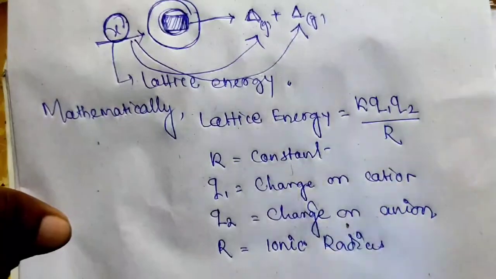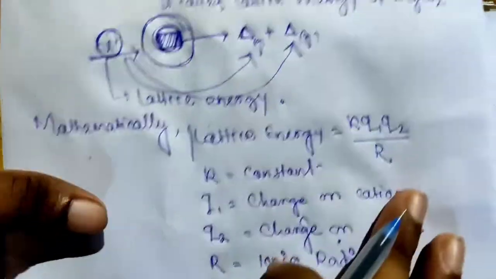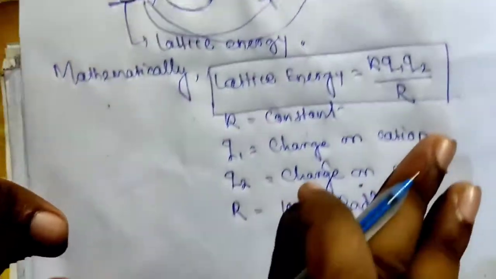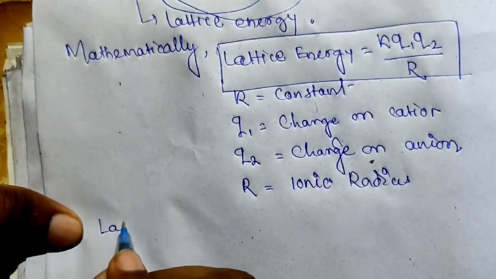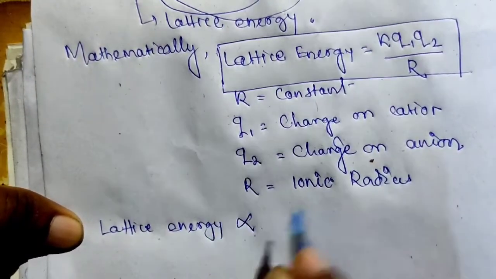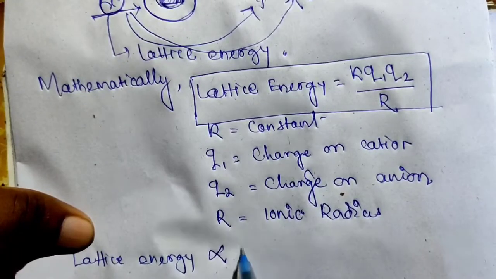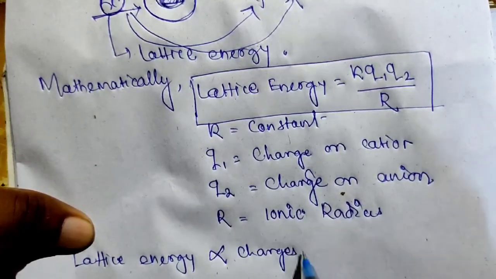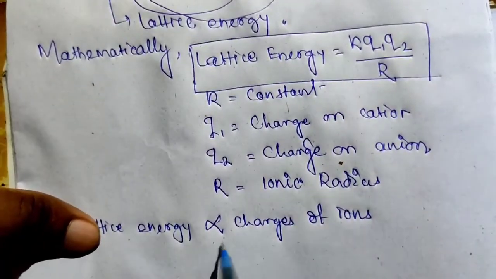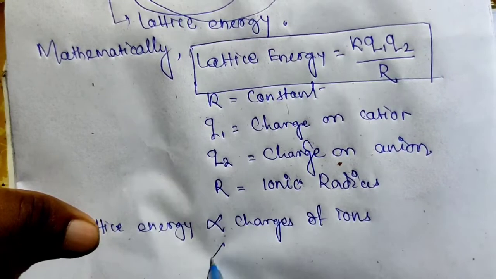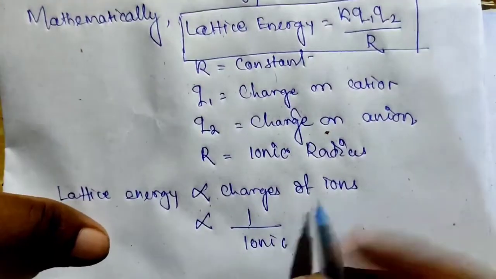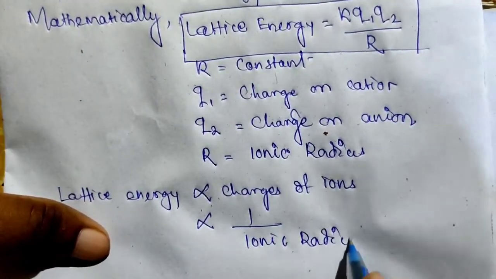Okay, so from this expression we may conclude that lattice energy is directly proportional to charge of ions and inversely proportional to ionic radius.